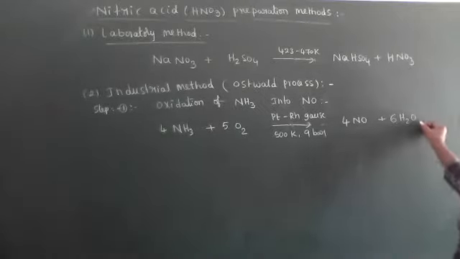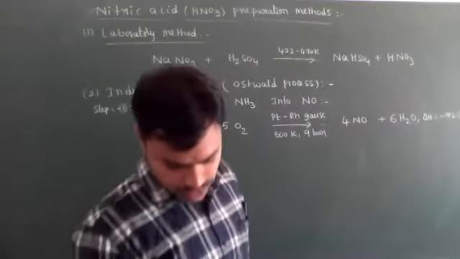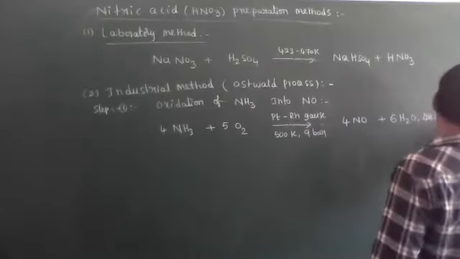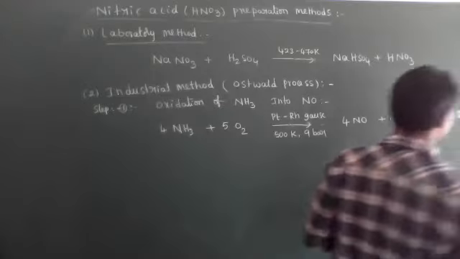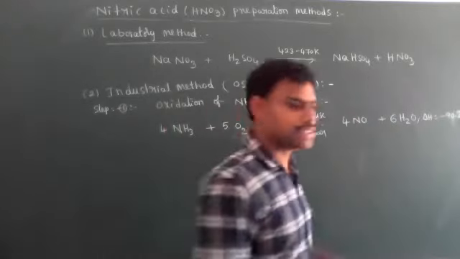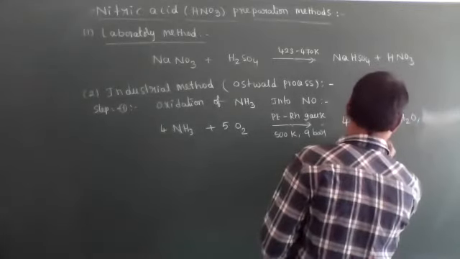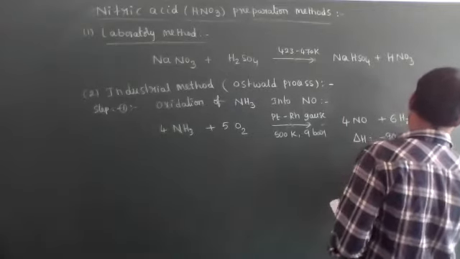In this process, delta H is equal to minus 90.2 kilojoules.